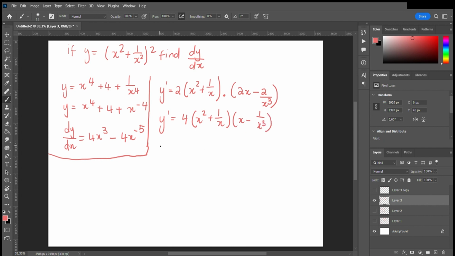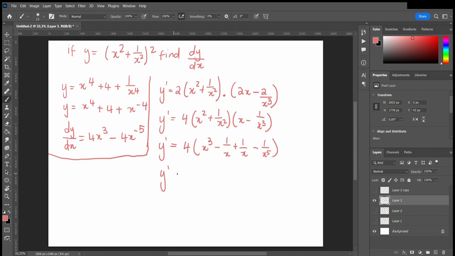And then also, sorry, that's not making sense. y prime will be 4 multiplied by x cubed multiplied by x will be x cubed. x squared multiplied by that will be minus 1 over x cubed, plus 1 over x, and then minus 1 over x to the 5.